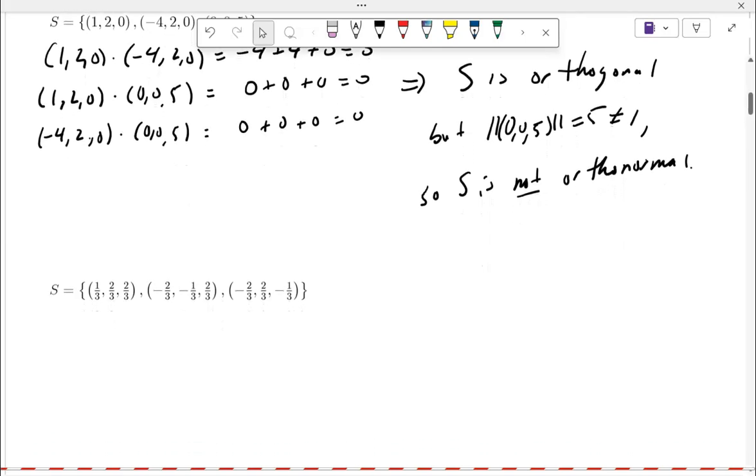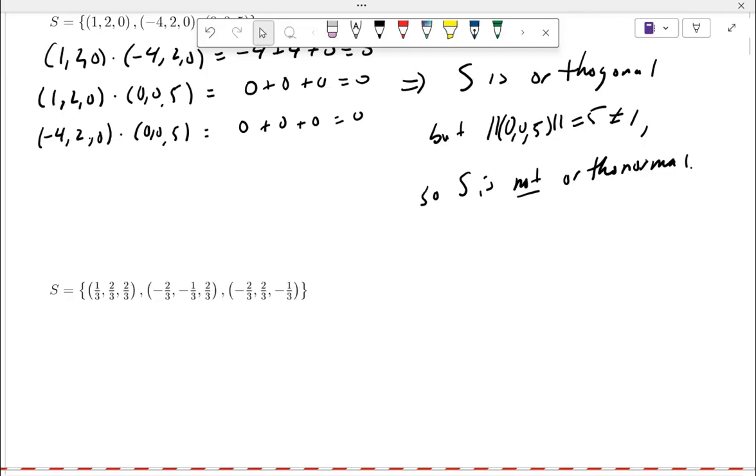Just by looking, without doing any work, what can I say about the norms of each of the three vectors in the next example? Not what the value is, but what can I tell easily about the norms? They're equal, right? I just mixed around the components.